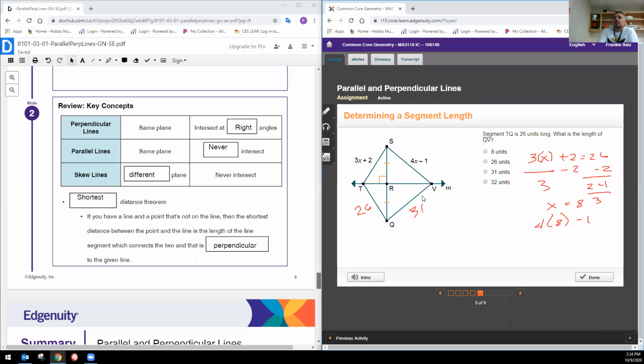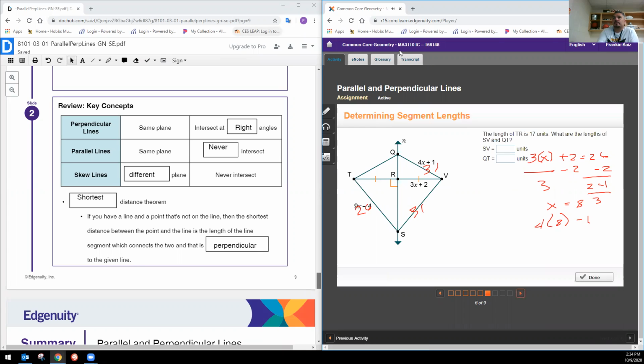And this also is equal to 31. Okay, so this is 31. Let's get on to the next one.